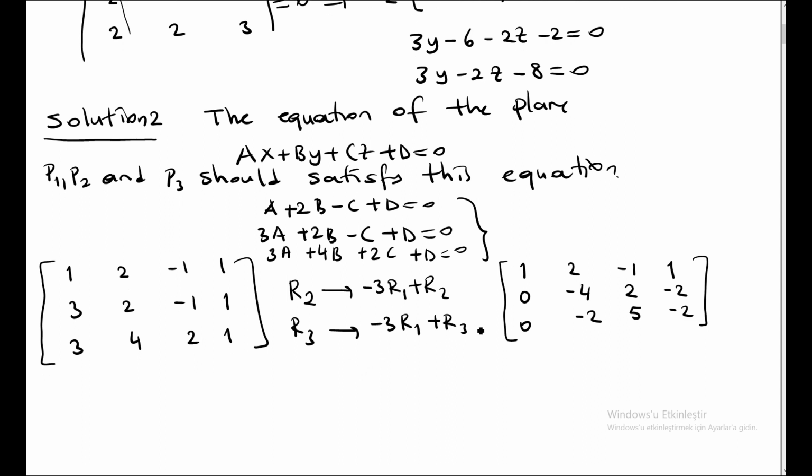Okay, now I will reduce to echelon form, but at least I will make a couple of components 0. So now I will do this: row 3 instead of row 3, negative 1/2 row 2 plus row 3.